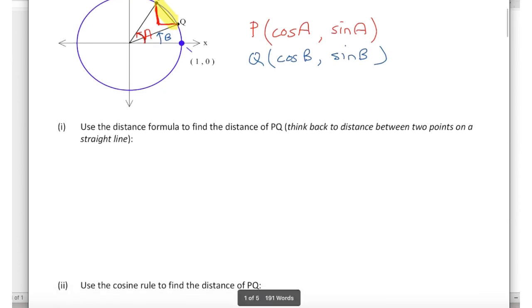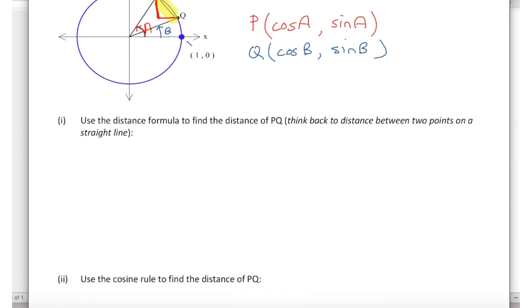Using the distance formula, the distance is equal to the square root of the difference between the x values, cos A take cos B squared, plus the difference in the y values, sine A take sine B squared.